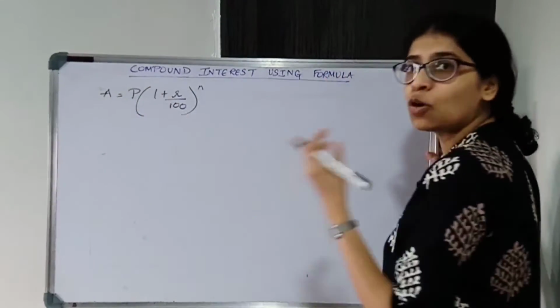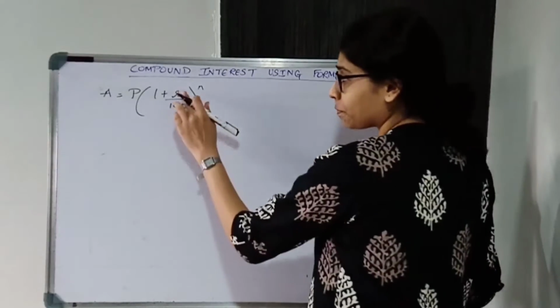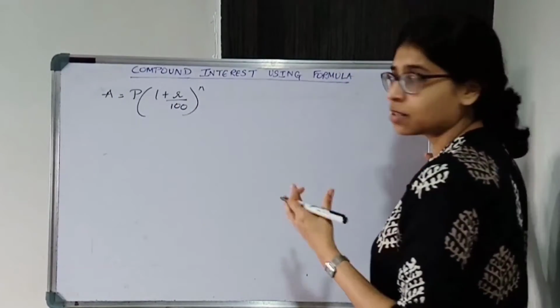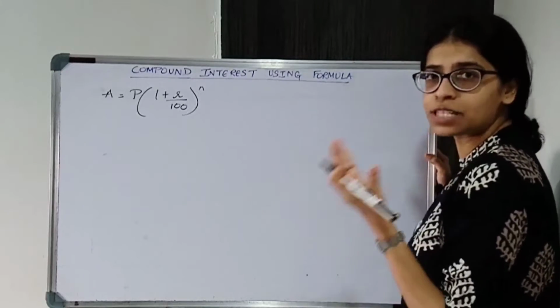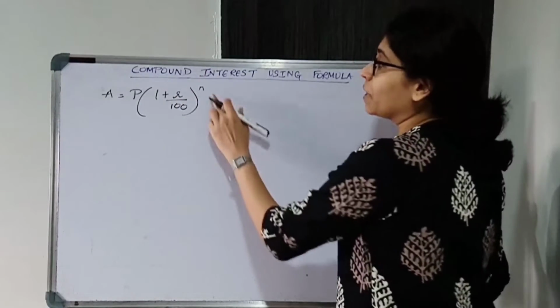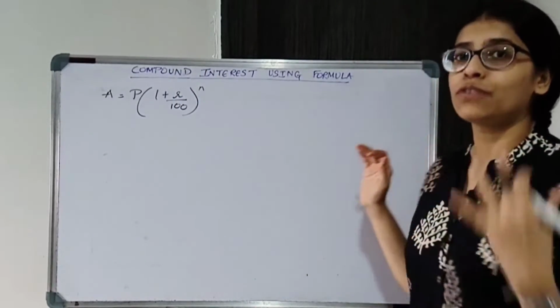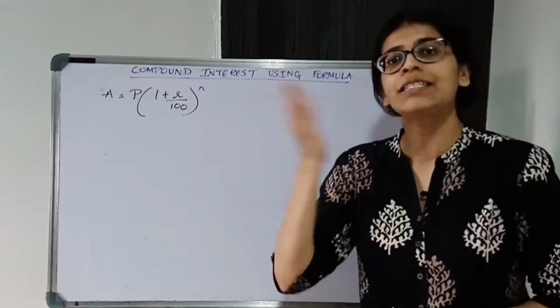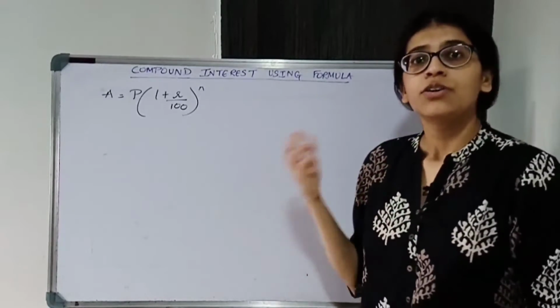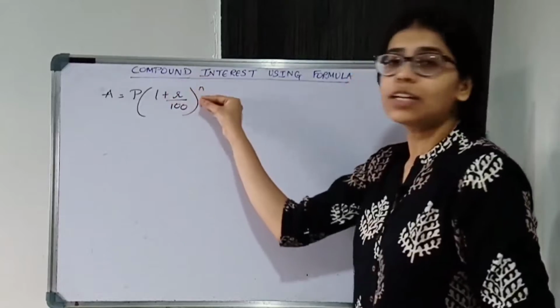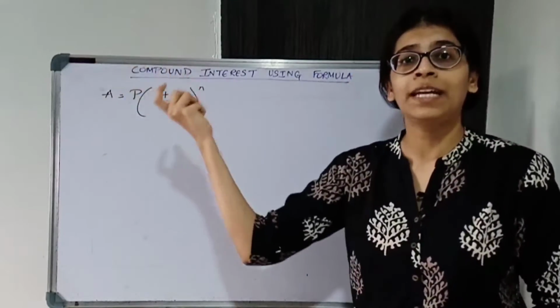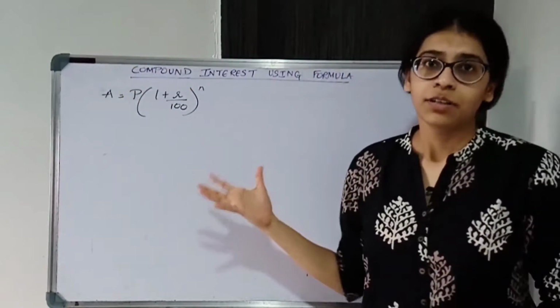P is the principal original amount, sum. R is the rate of interest, okay, so 10%, 5%, whatever, per annum. And N is the number of years. Okay, so instead of T there is N, the number of years. So directly by substituting the values you can easily find the amount obtained at the end of the time period.